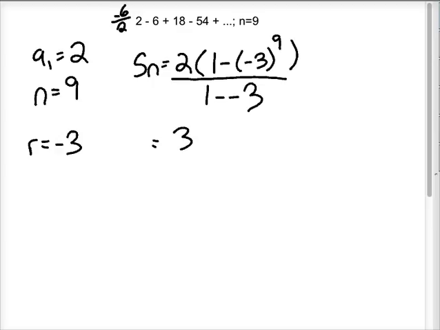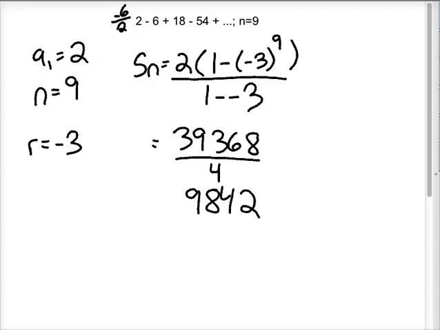All right. And on the bottom, 1 minus a -3 will actually give us 4. Remember, subtracting a negative is the same as adding. So I divide my answer by 4 and get 9,842.